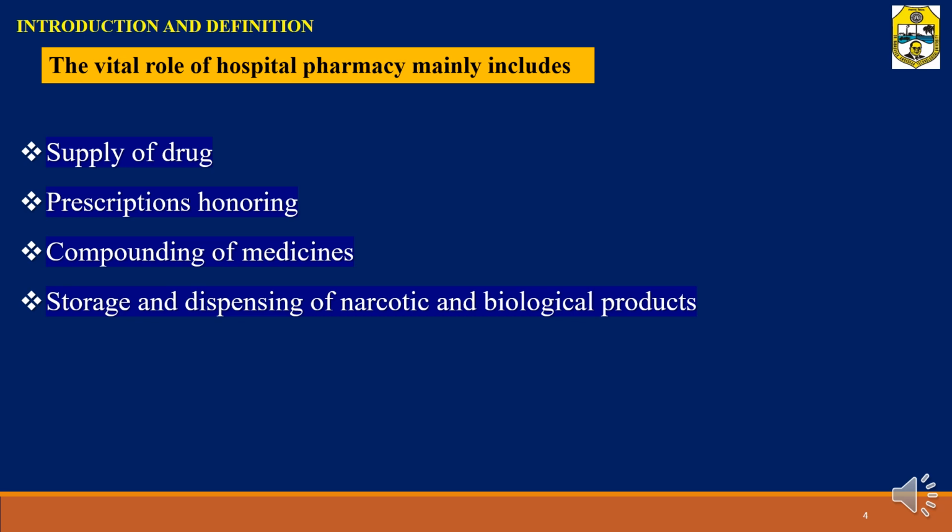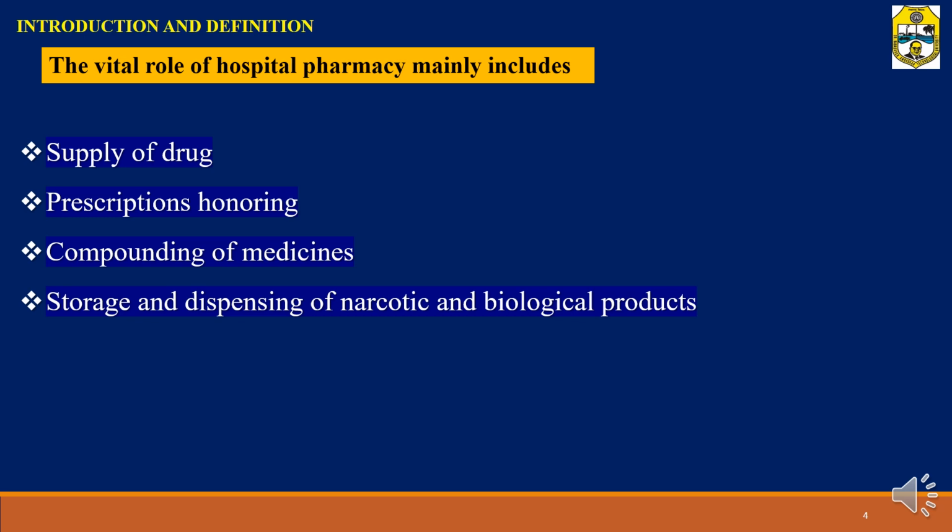Based upon that act, it's a responsibility on the shoulder of the hospital pharmacist to be concerned about this and to maintain proper documentation for the dispensing protocols of such drugs. Why? Because they are scheduled drugs, and they come under the category of Schedule X.